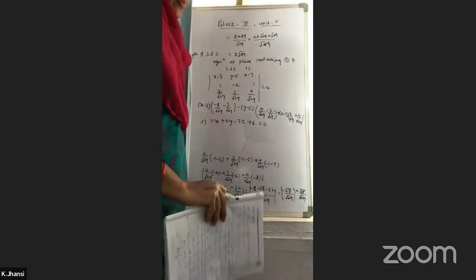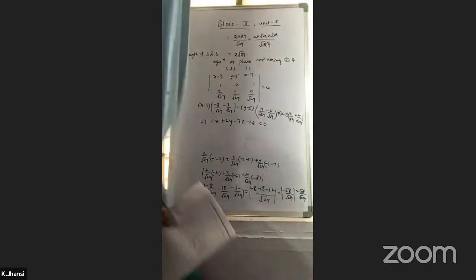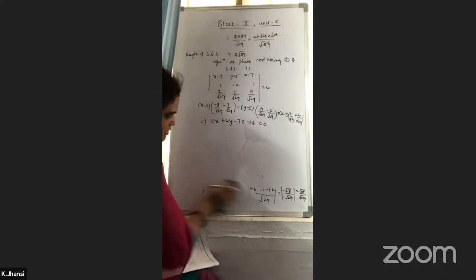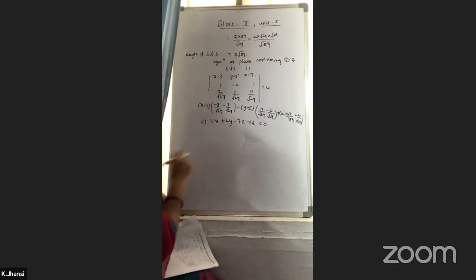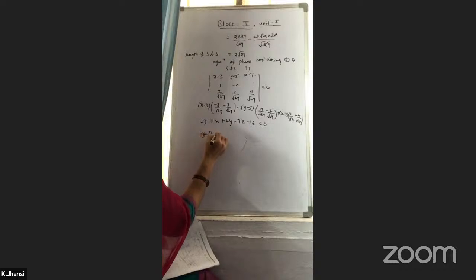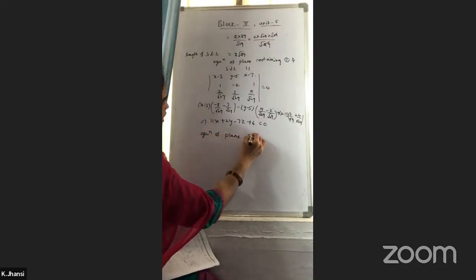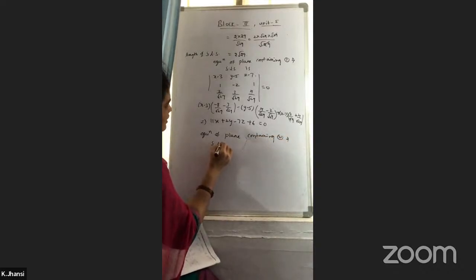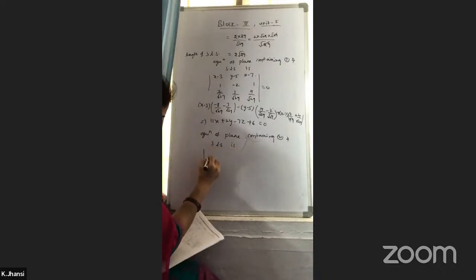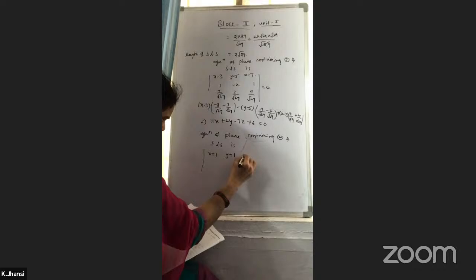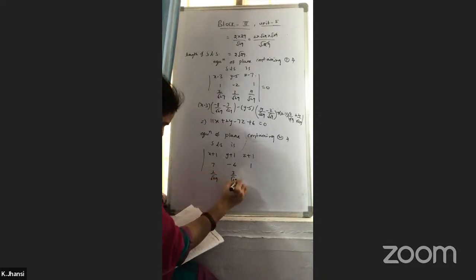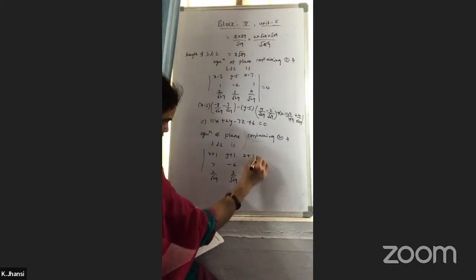This is one of the equations of the plane containing line 1 and the shortest line segment. And the second equation is the plane containing line 2 and the shortest line segment: x plus 1, y plus 1, z plus 1, 7, minus 6, 1, and 2 by root 29, 3 by root 29, 4 by root 29.